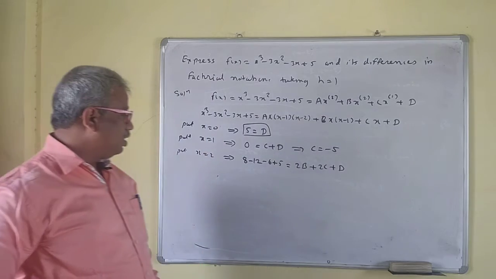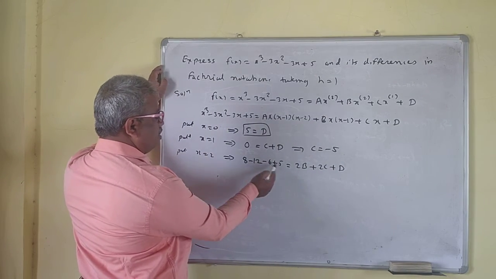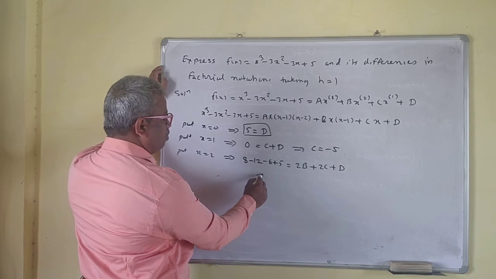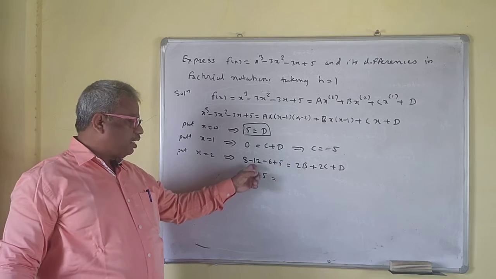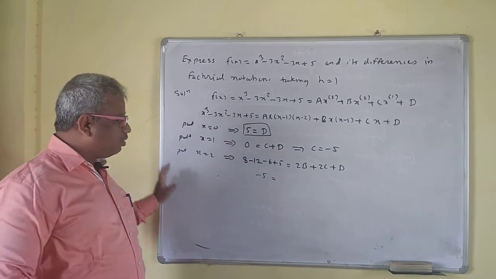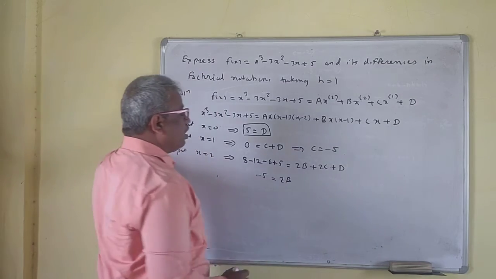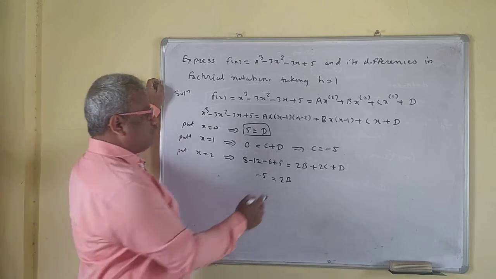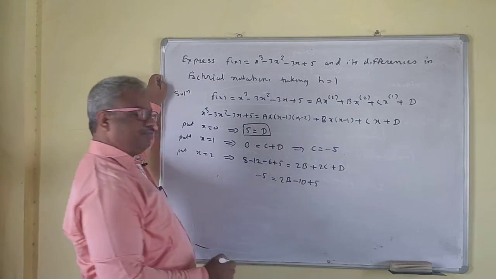Now 8 plus 5 is 13 and this is minus 12, so this is 1. So 1 minus 6 is minus 5. Then you want twice b, because you don't have the value of b. You want the value of this. So c is minus 5, so this will be minus 10 plus 5.